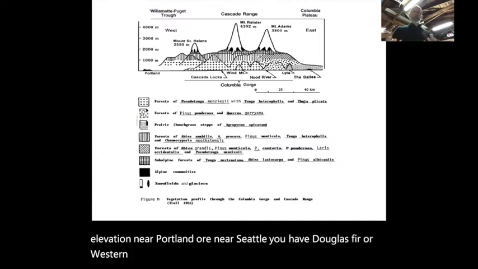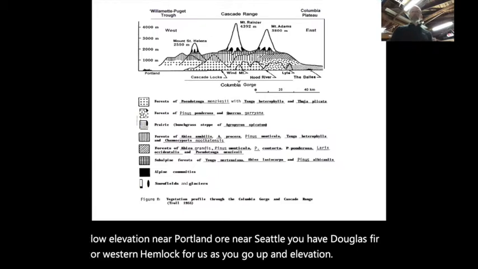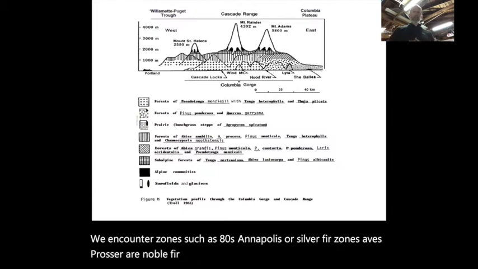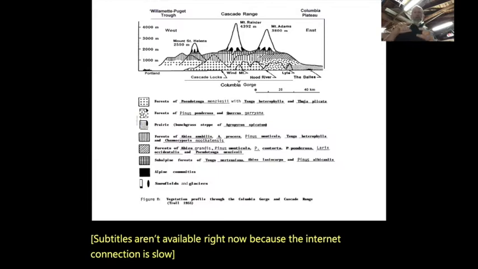As you go up in elevation, we encounter zones such as Abies amabilis or silver fir, Abies procera or noble fir zones. We start encountering some white pine, and we start encountering things like yellow cedar. So the striped pattern at mid-range there on the west side of the Cascades is a higher elevation forest.